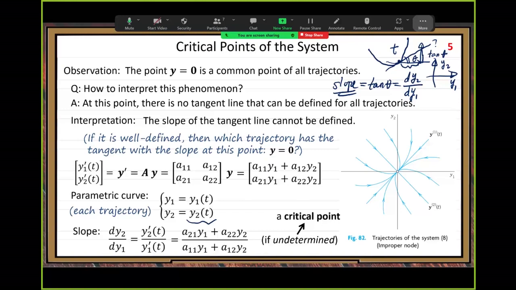Every time we study one critical point, then the next one. We study the trajectory behavior around that critical point.